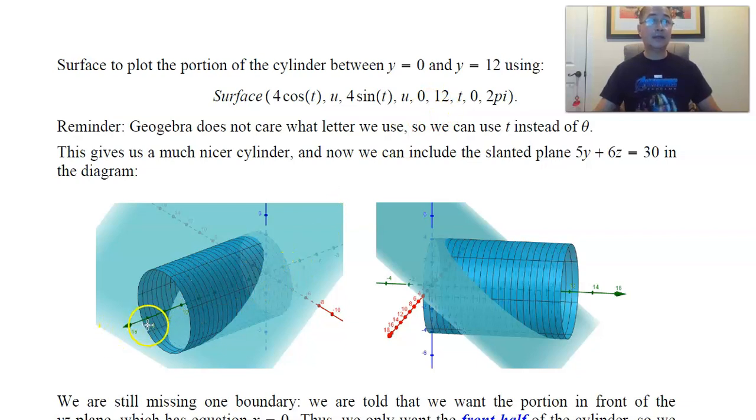Notice that that's green over there, and that's our x-axis. So u will go from 0 to 12. X and z will be our essentially polar coordinates, because our cylinder is x squared plus z squared equals 16.